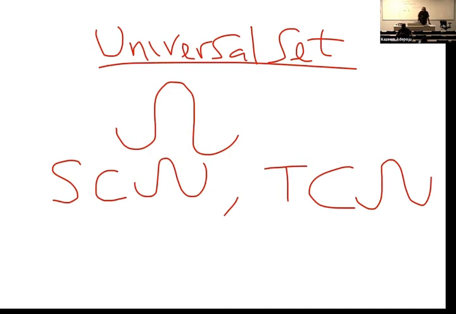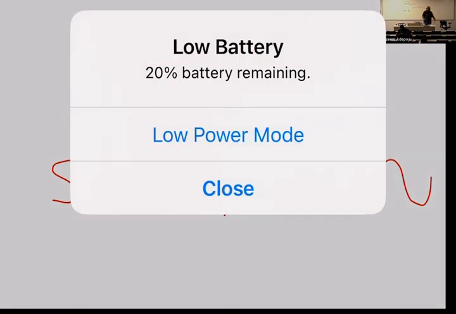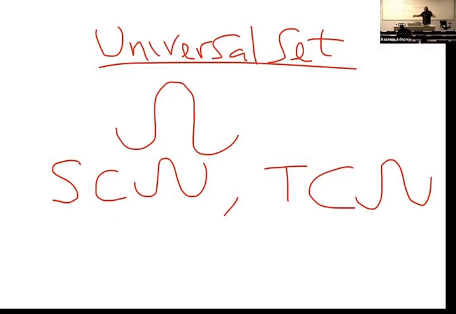And I'm going to call a set S maybe the state of Minnesota, and set T maybe the state of Michigan. The set T and the set S have elements. Minnesota has people, Michigan has people. Michigan belongs to the United States, Minnesota belongs to the United States. Does that make sense?